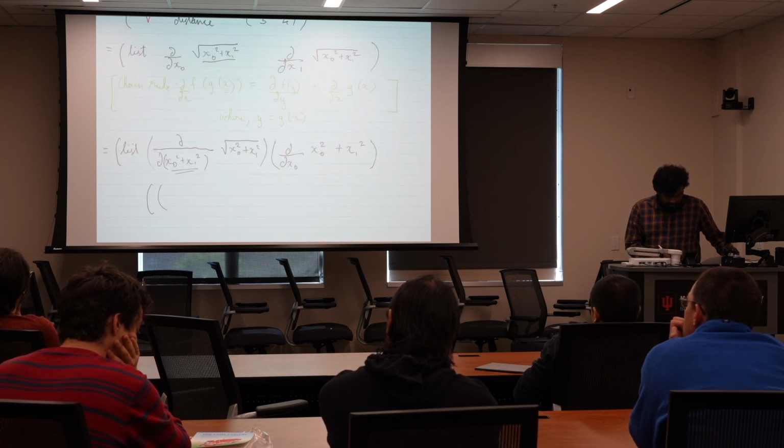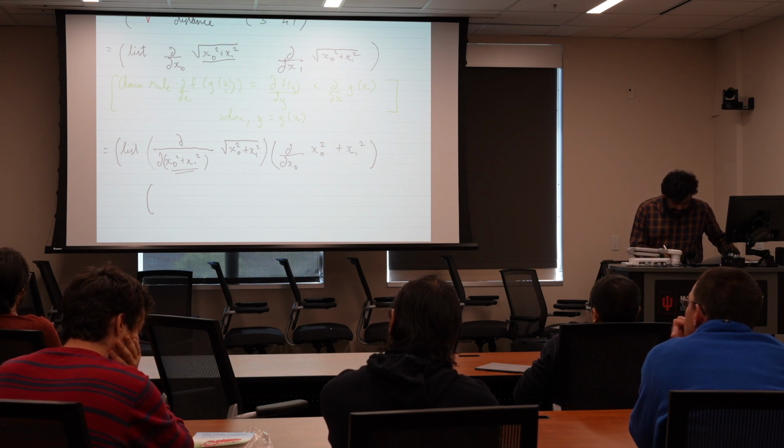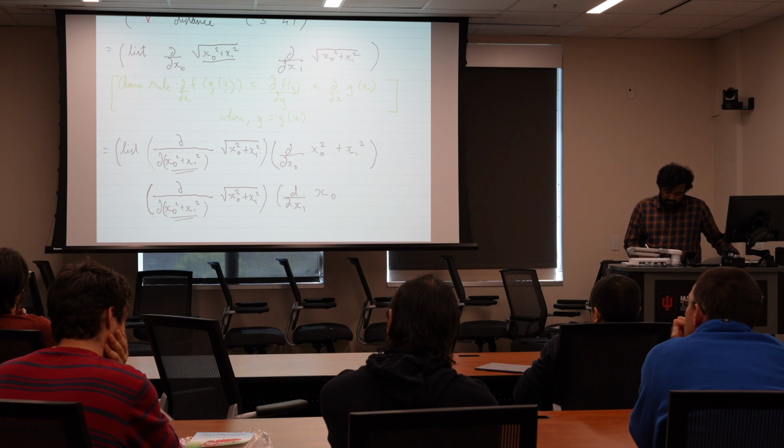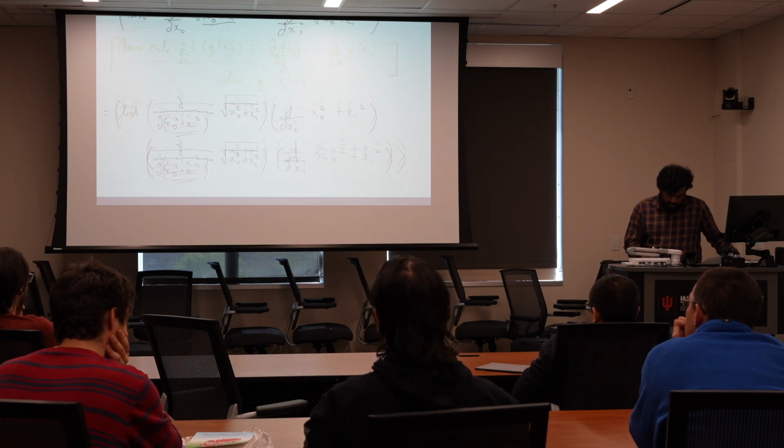Similarly, we'll do the same expansion for the other input. I can just copy this right here, except this time I'm going to do the derivative with respect to x1.